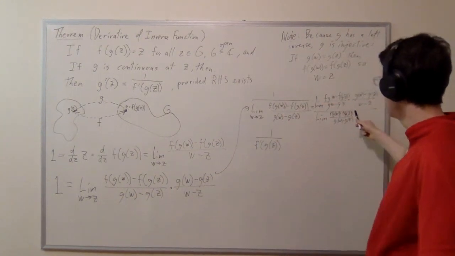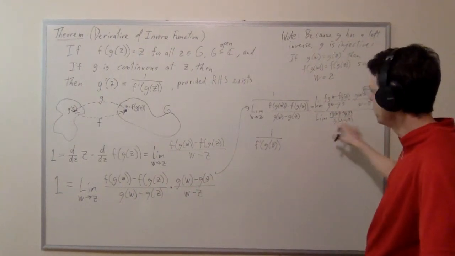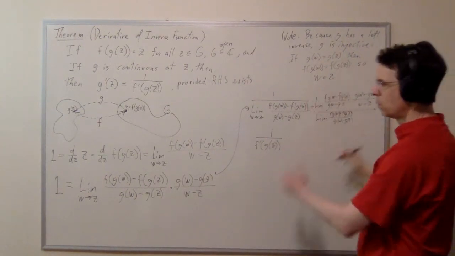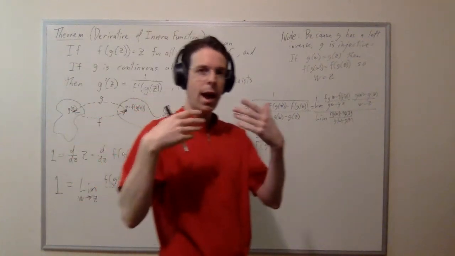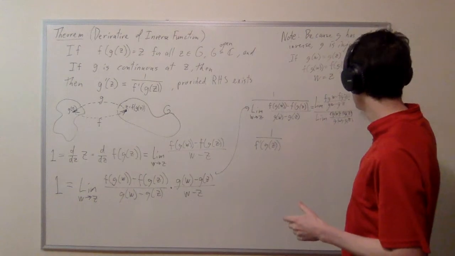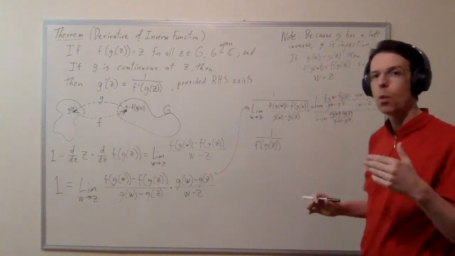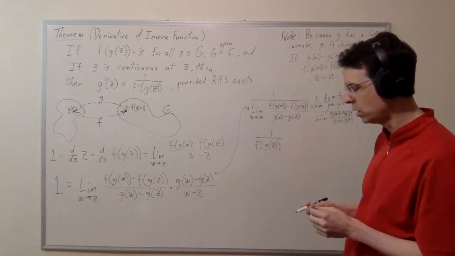Now for the right-hand side, I could evaluate this denominator in the same way, but it wouldn't help. What I've got is a massive limit, which is the same as this one, which is known to exist as a product, but its individual parts are not known to exist. At least the right-hand part is not known to exist. And then divided by another massive limit, which is known to exist, okay? And it's known to be equal to f prime of g of z.